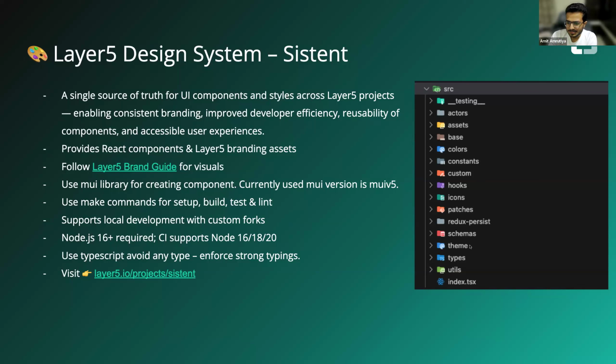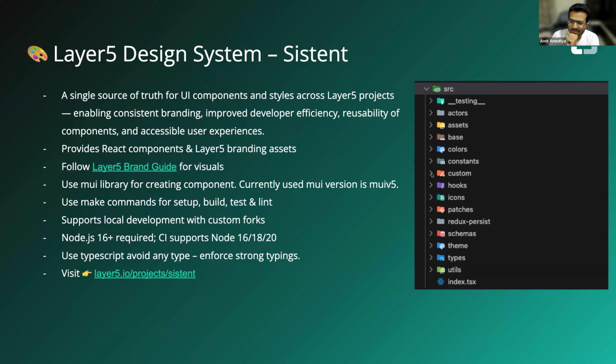As we discussed, we define the themes, and if we want any icons, then we define icons here, and we can modify any icon, and it will change in all of the places that we are using it. We define some default hooks and colors, and the base directory is used for the copy-pasting thing: we get those base components from Material UI and export them to the other UIs.